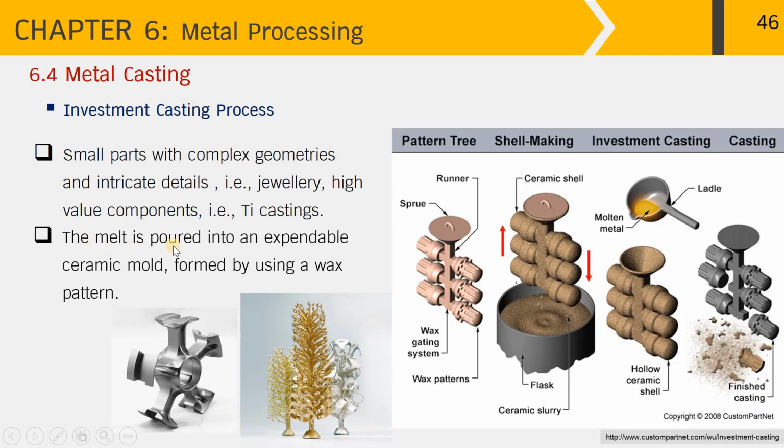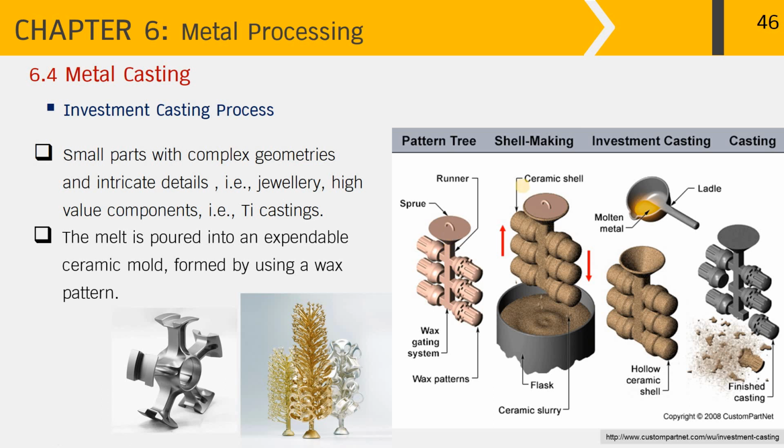Within the process, the melt is poured into an expandable ceramic mold formed by using a wax pattern, as described by this picture. First, we need to make the pattern tree made from wax. The wax patterns are attached onto the wax gating system with the runner and the sprue.